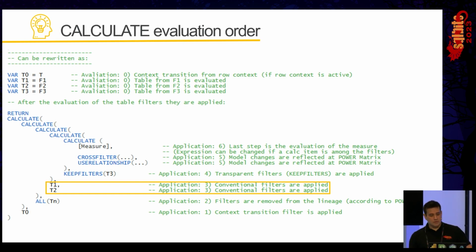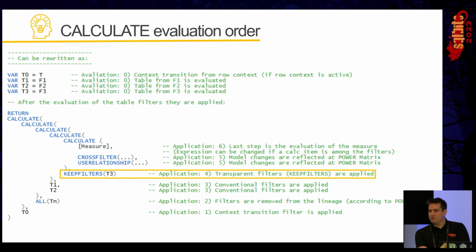And then we have the regular filters, the most common that we write within CALCULATE. Those regular filters, they might have more than one. And between them, within the same CALCULATE, they have no override power between each other. So you might think, if you have multiple, they are like an intersection between T1 and T2 right here. But there's that special filter modifier called KEEPFILTERS.